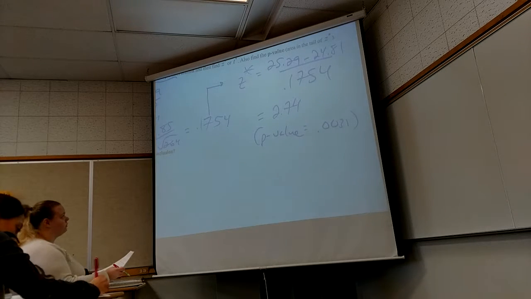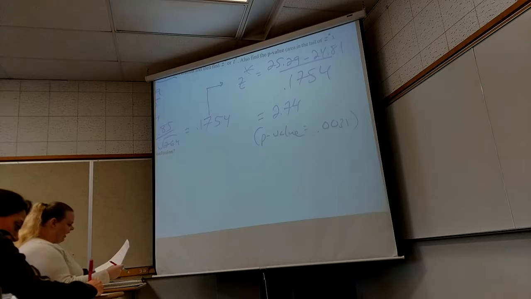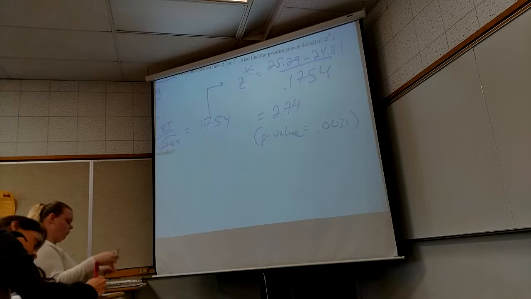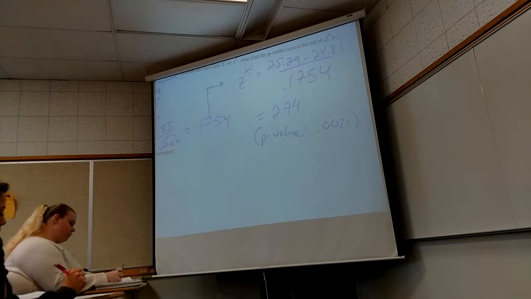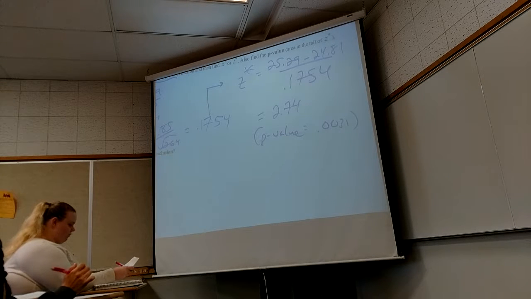And again, the p-value is an estimate for how likely it is to get a result like that if the middle's in the right place. So would you say a probability of 0.0031 represents a likely thing? The chances are 0.31% that the results we got came from a distribution where the middle is 24.81.